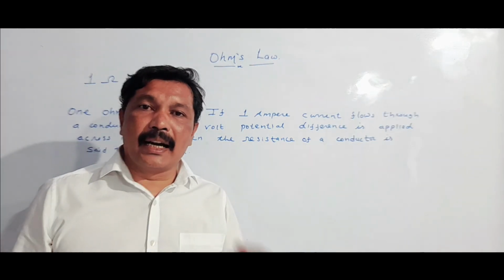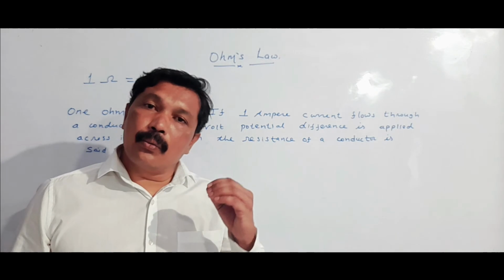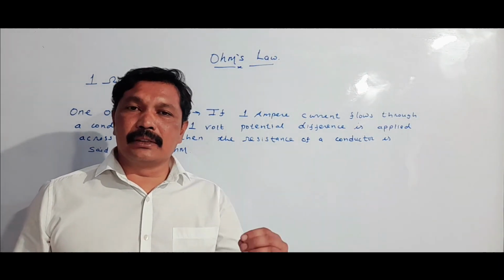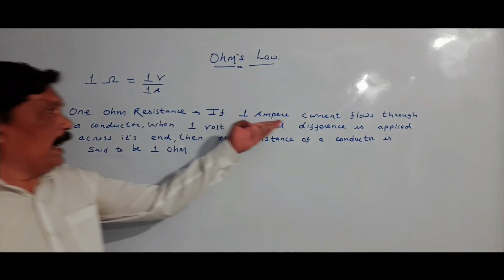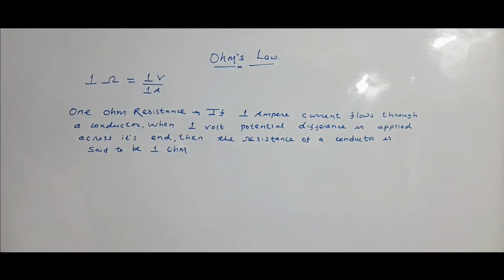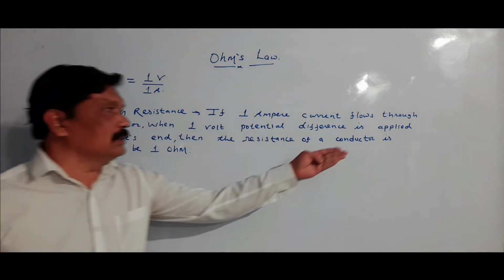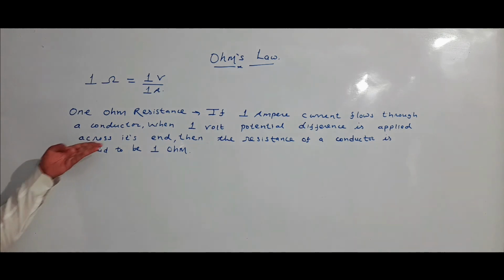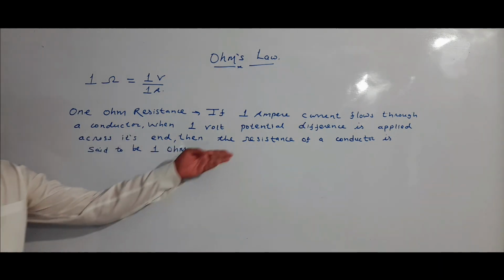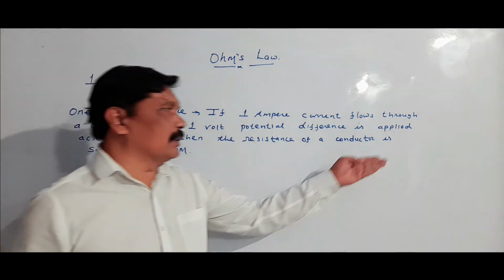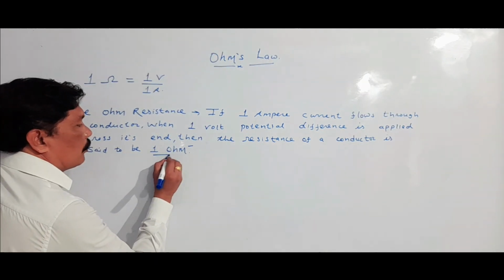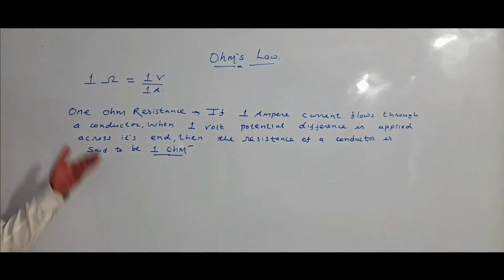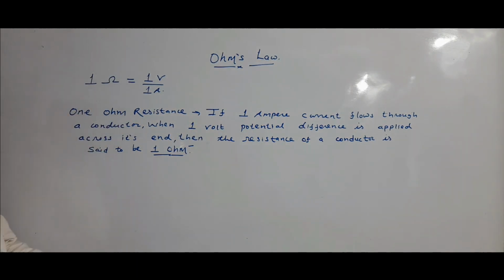Let's try to understand what is 1 ohm resistance of a conductor. If 1 ampere current flows through a conductor, when 1 volt potential difference is applied across its ends, then the resistance of the conductor is said to be 1 ohm. What is 1 ohm resistance?